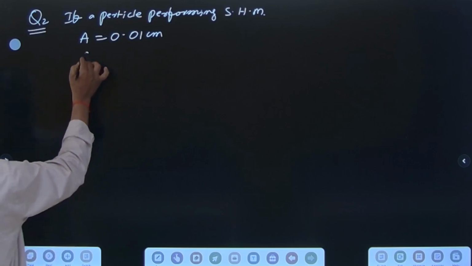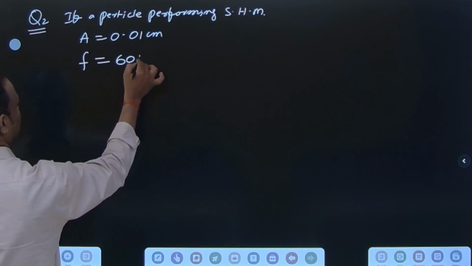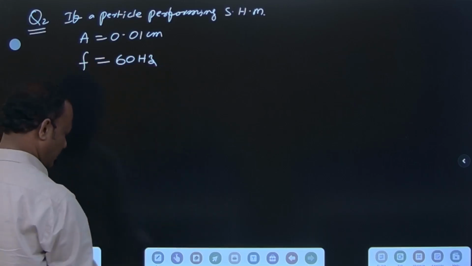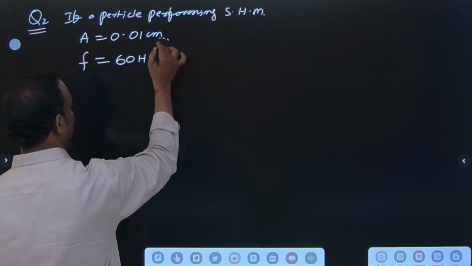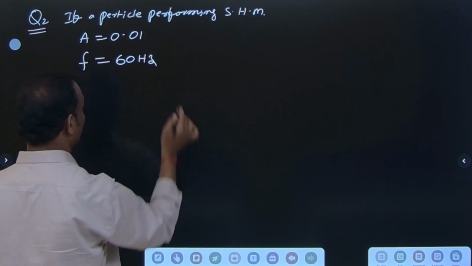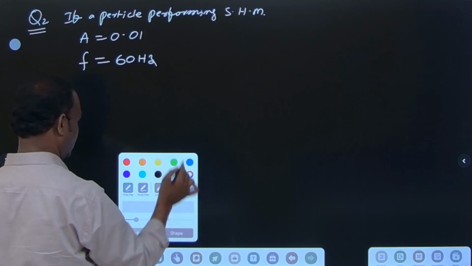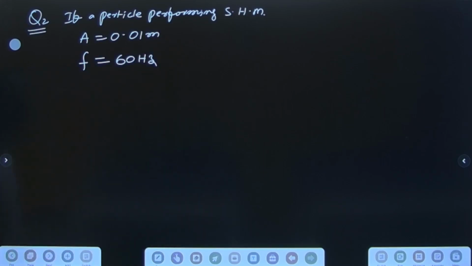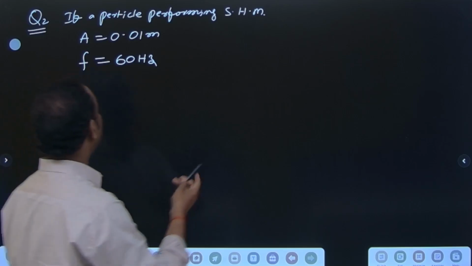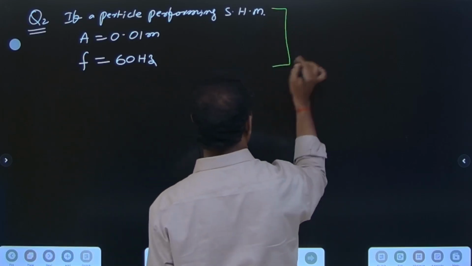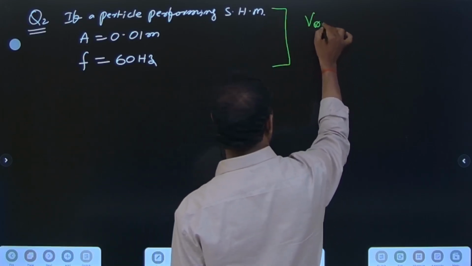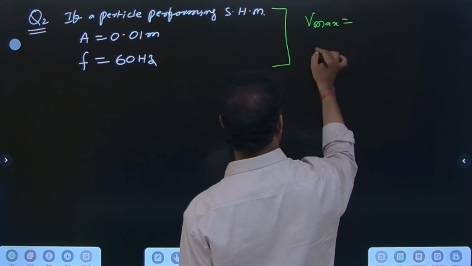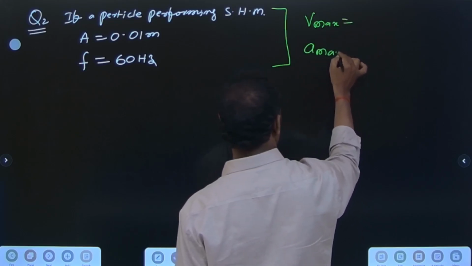Frequency is 60 hertz. I am taking the amplitude in meters, so this is 0.01 meter. A is given, and the next one is its frequency. So from this condition, determine maximum velocity and maximum acceleration.